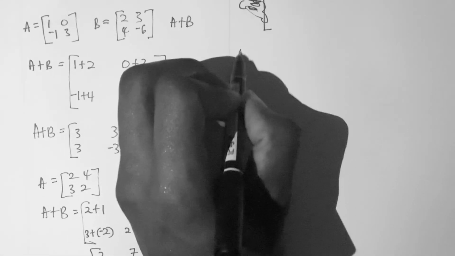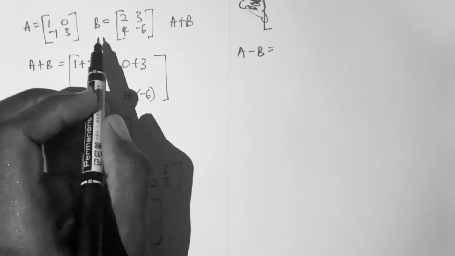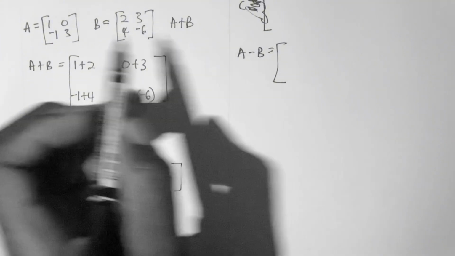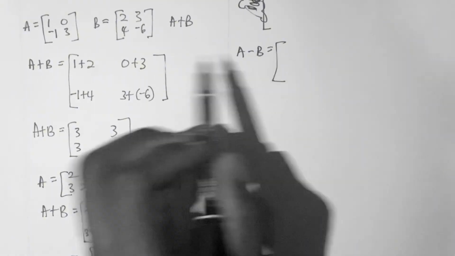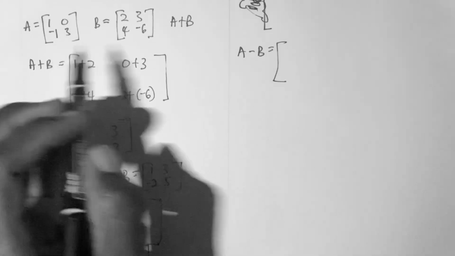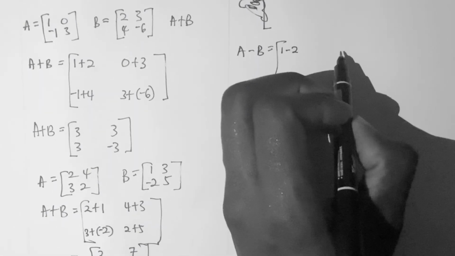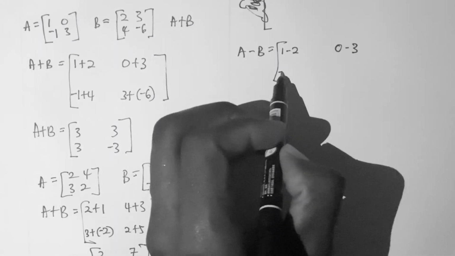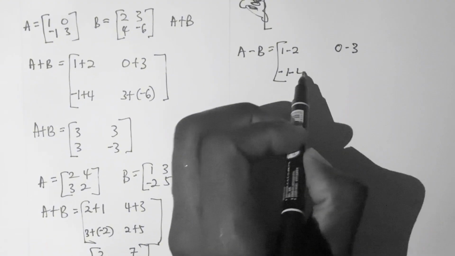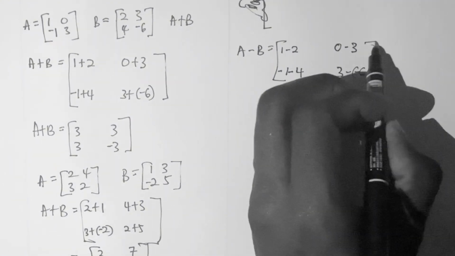So let's find A minus B using these same matrices. Just as we did for the addition, we need to do the same thing for the subtraction by subtracting the corresponding entries. So here becomes 1 minus 2, and this side becomes 0 minus 3, and then this one becomes minus 1 minus 4, and then here becomes 3 minus 6.